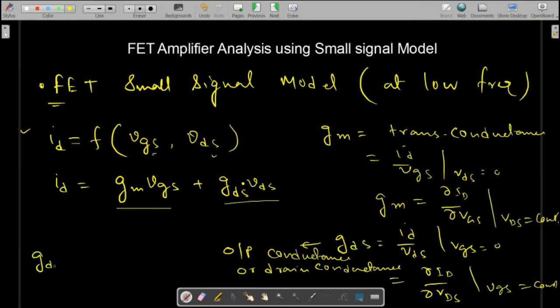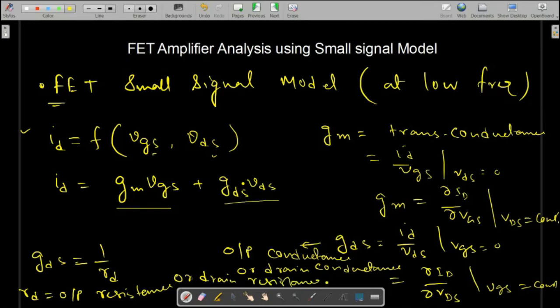Also, we can write gds equal to 1 by rd or 1 by rds, because g stands for conductance, r stands for resistance, so it is 1 by resistance, where rd is the output resistance or drain resistance. So if gds equals del ID by del VDS, of course we can say rd will be just the opposite of that, that is del VDS by del ID.